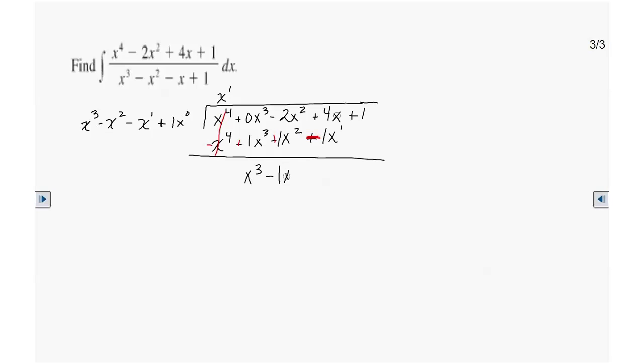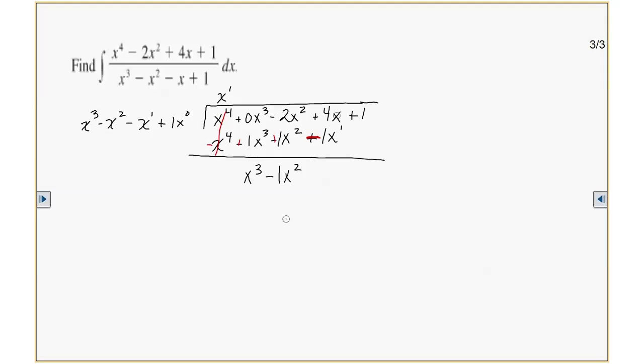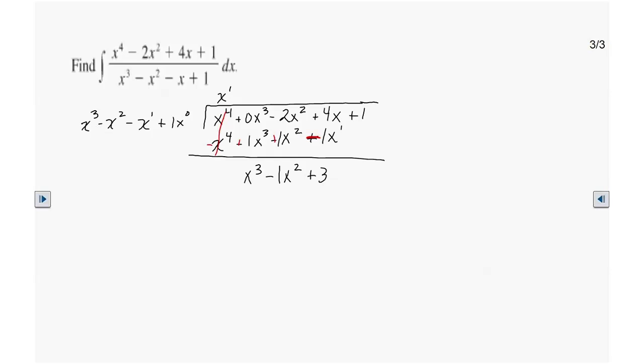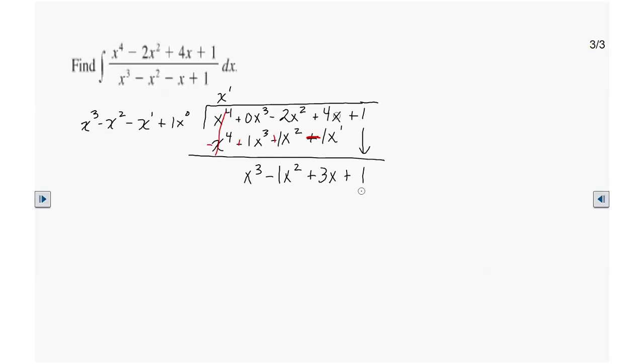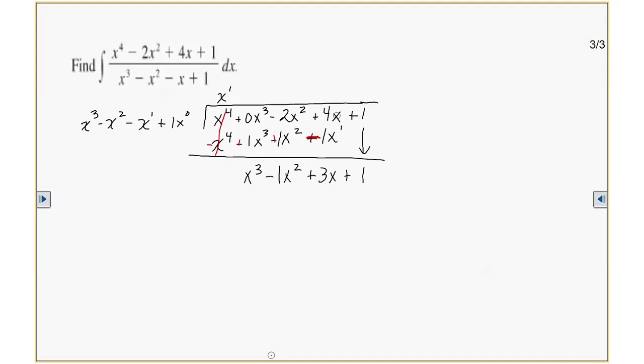Negative 1x squared. And then 4 minus 1 is 3x. And then 1 comes down to help out. I'm sorry, what? Not a nested problem. Well, you're going to have to probably do partial fractions with the remainder, I think.